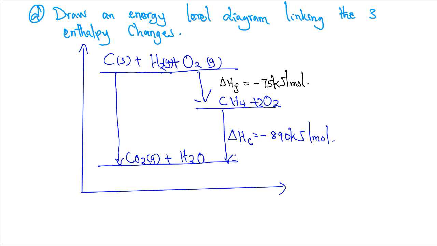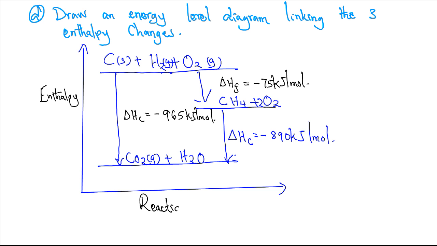Then this is delta H combustion, that is negative 965 kilojoule per mole, connecting the two. So this is enthalpy. Then we have reaction path.